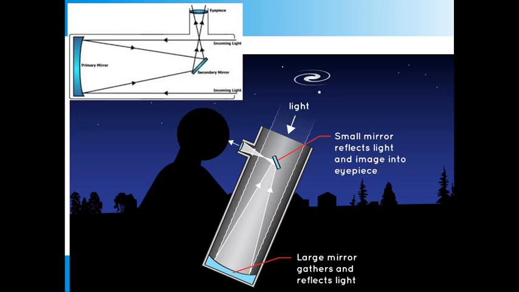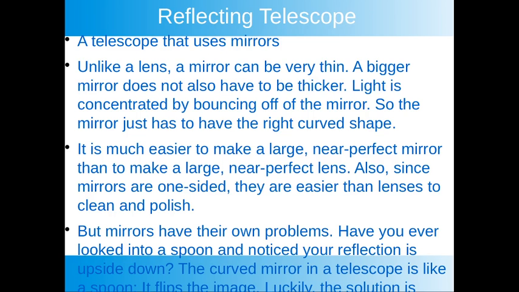We can solve this problem by using some more mirrors attached inside the telescope. We can use additional mirrors to compensate for that flipping or inversion of the image. Again, it falls on another mirror, and that inversion becomes solved.